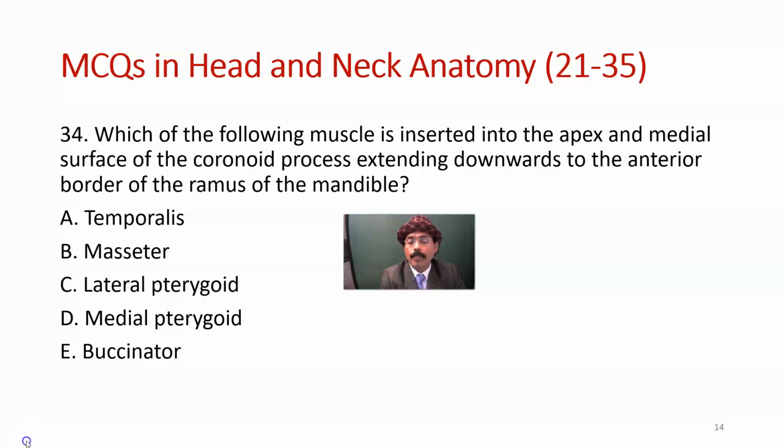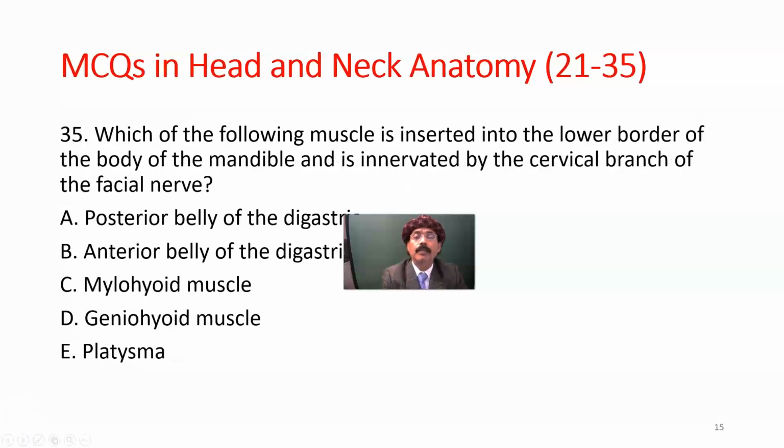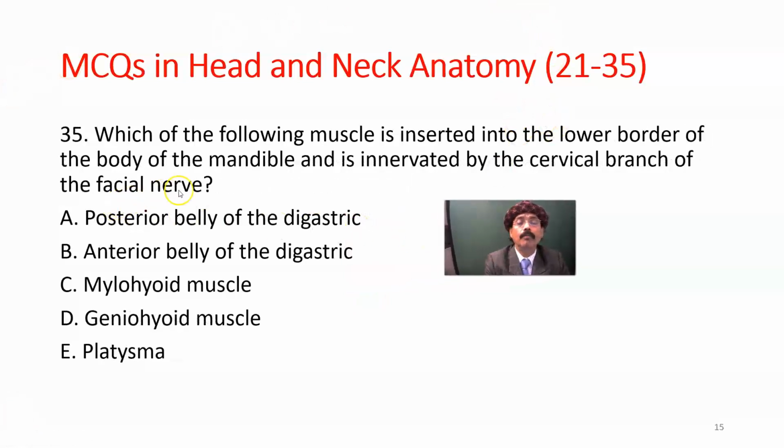Now, which of the following muscles is inserted into the lower border of the body of the mandible and is innervated by the cervical branch of the facial nerve? What is that? Posterior belly of the digastric. Okay, that does not insert into the lower border of the body of the mandible.